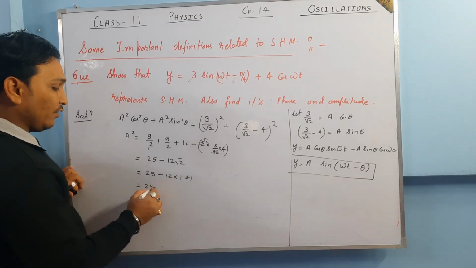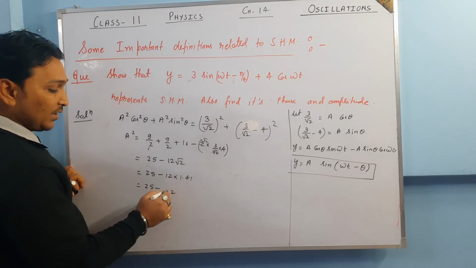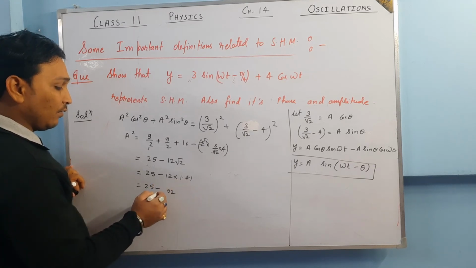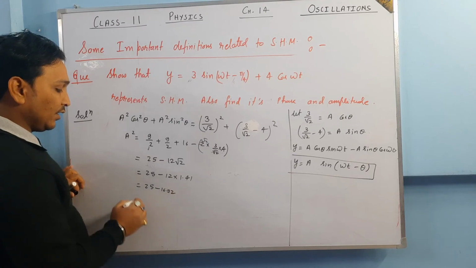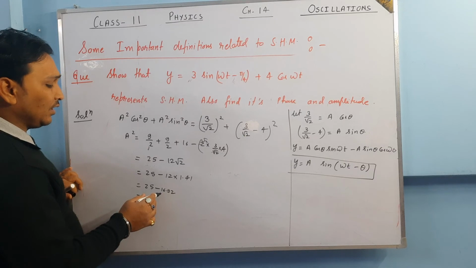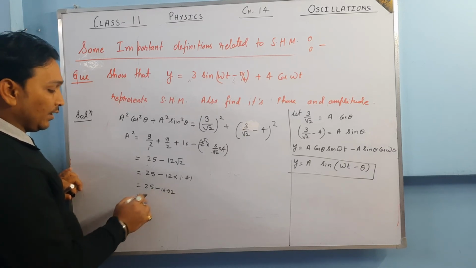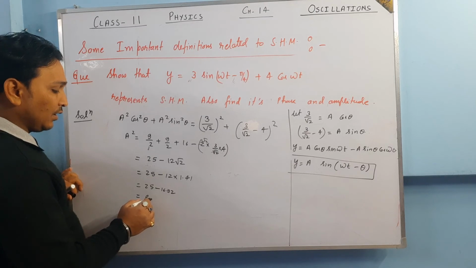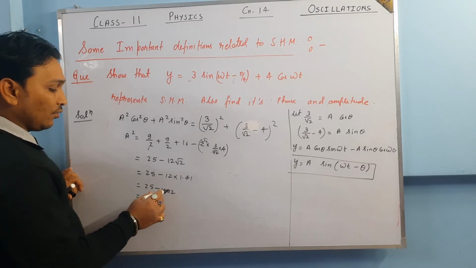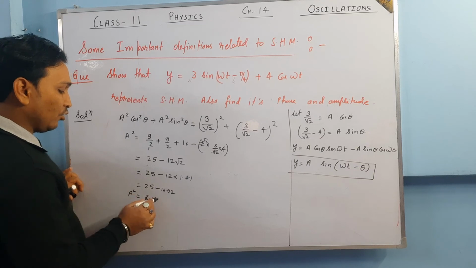So 12 times 1.41 is 16.92. If we subtract that, 25 minus 16.92, we are going to have 8.08. Okay, very good. So A square is going to be 8.08.